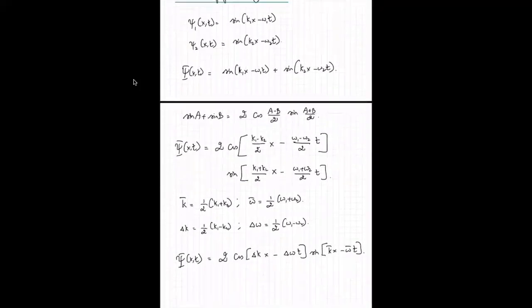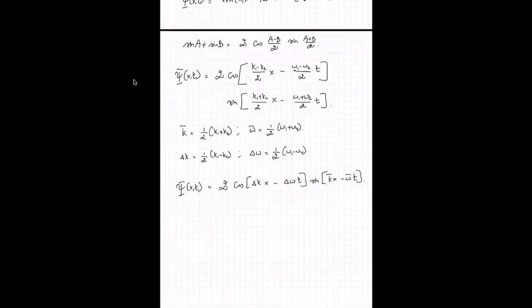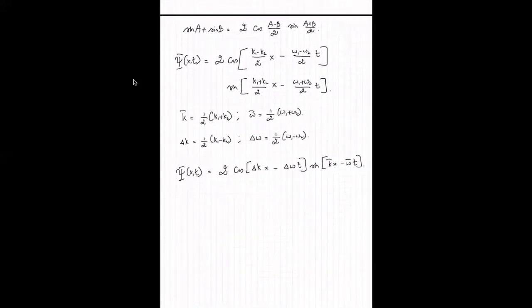In other words, k1 is approximately equal to k2 and omega 1 is approximately equal to omega 2, which means the average k bar is much greater than delta k, because if they're very close to each other, k1 minus k2 is a very small quantity. Also, omega bar is much greater than delta omega.